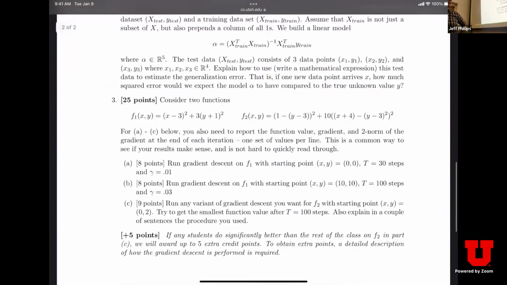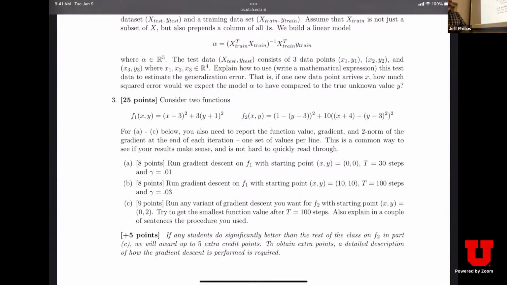The third question is going to be on gradient descent, which we'll cover after fall break. Part of it is just running an example of gradient descent.